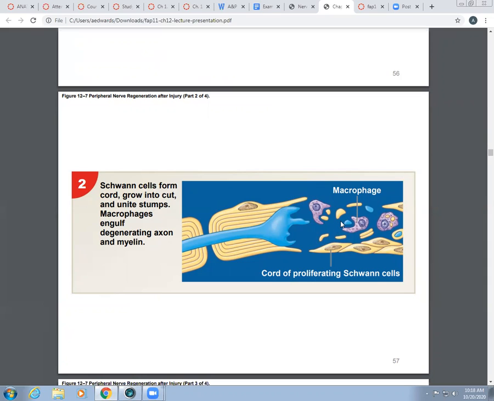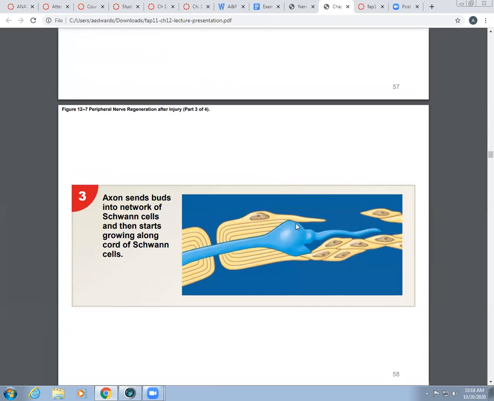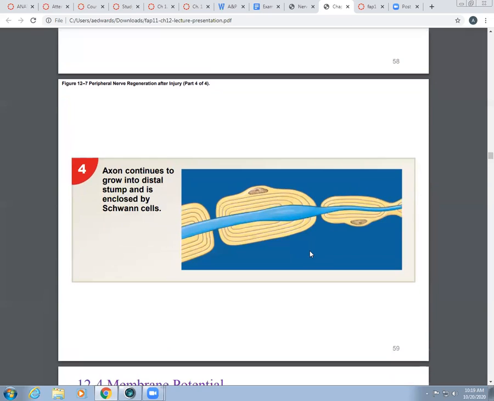Macrophages come in and engulf the myelin and the degenerated parts of the axon. All right, the axon is going to start sending buds into this network of Schwann cells, and it starts growing along this cord of Schwann cells. The axon continues to grow to the distal stump. It's enclosed by a Schwann cell.